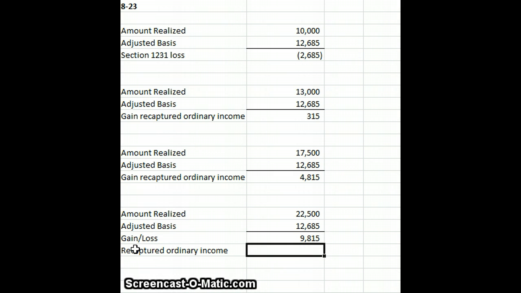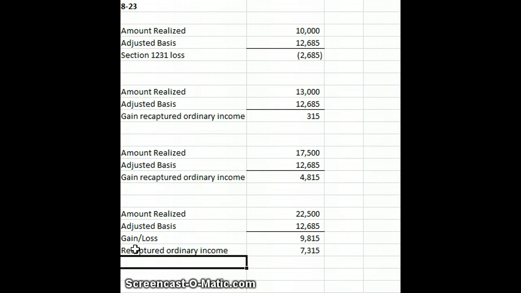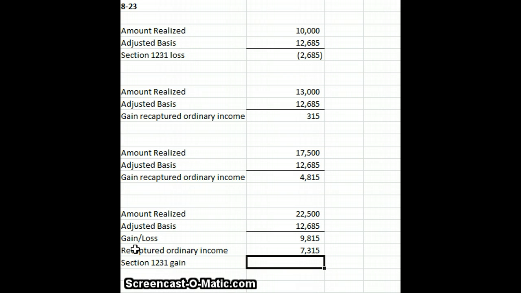So $7,315 of that $9,815 is going to be ordinary income, and the balance is going to be our Section 1231 gain, which is taxed at a lower rate. So $2,500 is going to be our Section 1231 gain. So that's how we handle the recapture of income under our Section 1231 sales.